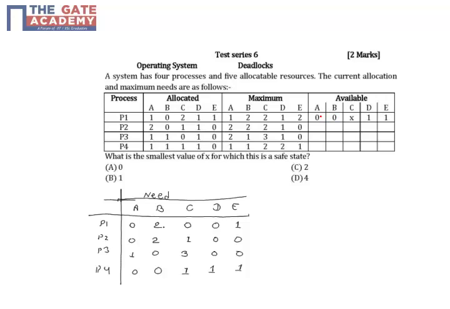Among these available resources, you can easily understand that only process P4 can initially start execution, and if P4 wants to get its CPU, it should have at least one resource instance of C. So let's say I take x equal to 1, and then within the available 0 0 1 1 1, my P4 can execute completely.